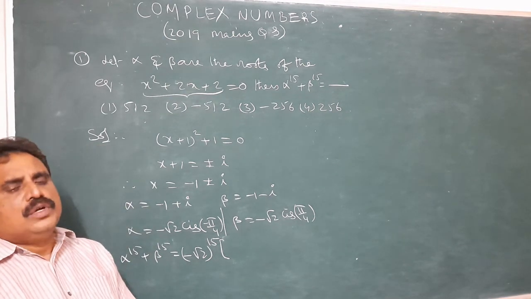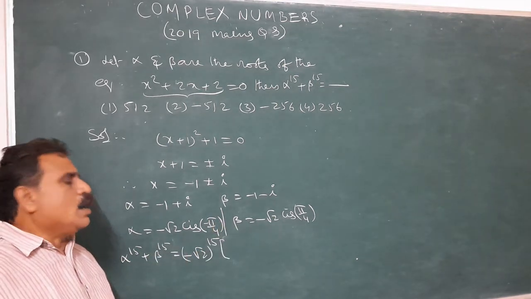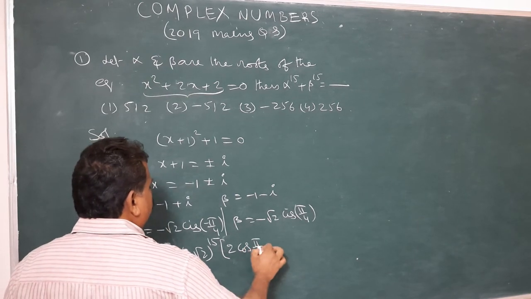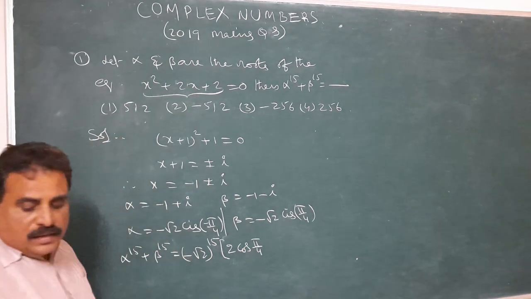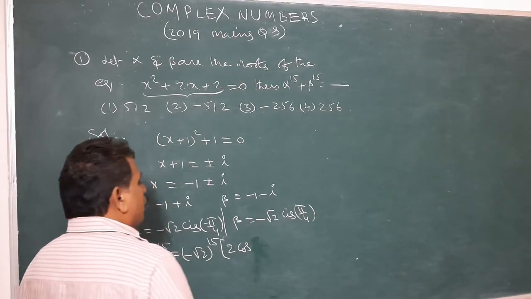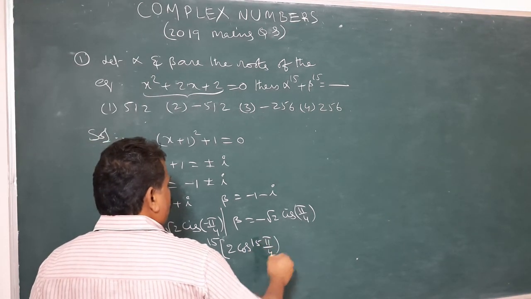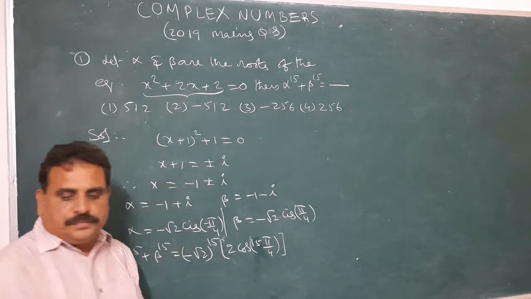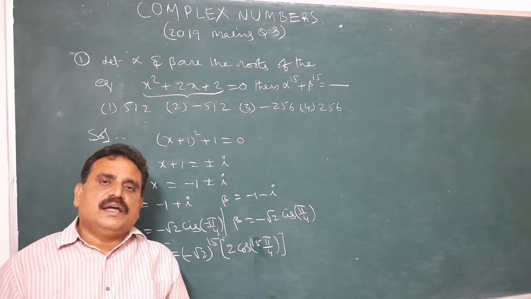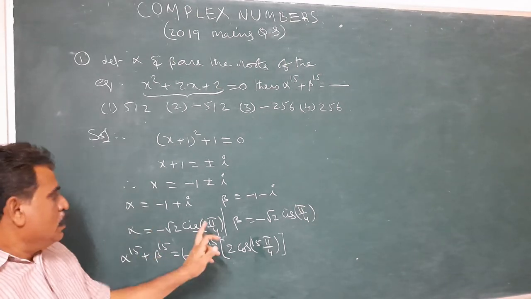So addition of these two, plus i sin theta minus i sin theta cancel, we get 2 cos theta. So that's why we get 2 cos 15 pi by 4. My dear students, try to understand that point. De Moivre's theorem: cos theta plus i sin theta whole power n is cos n theta plus i sin n theta. That we are using here.